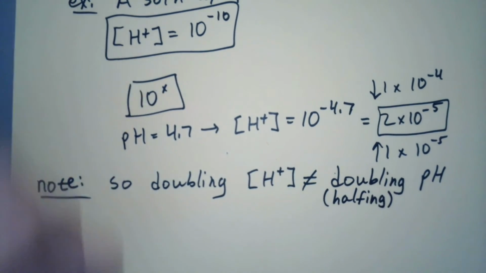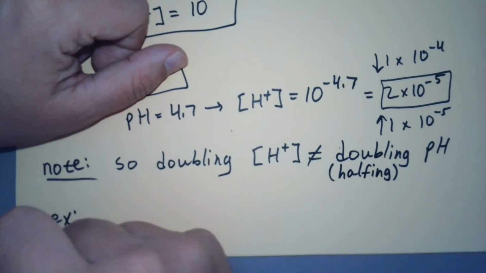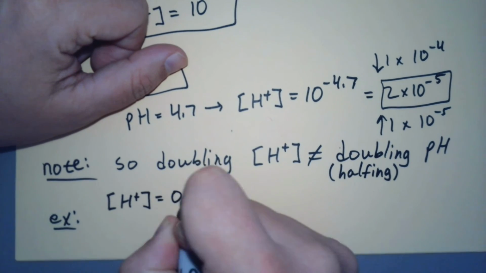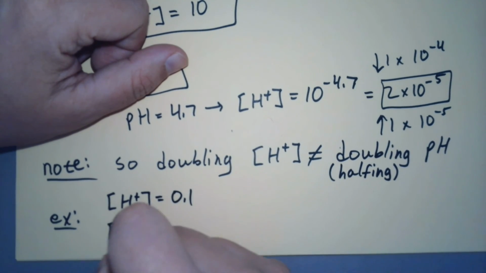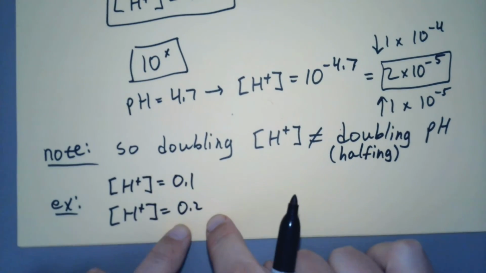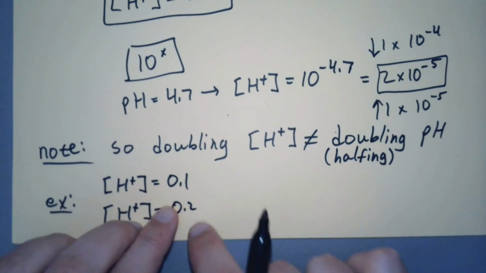It's not going to do either of those. Alright, so for example, let's compare two solutions. Let's say we have a concentration of H plus equal to 0.1 and a concentration of H plus equal to 0.2. So I double my concentration of acidic protons in the solution, H pluses.